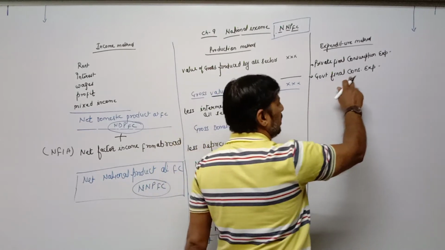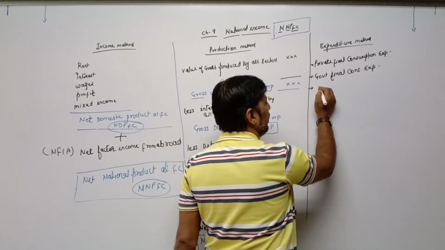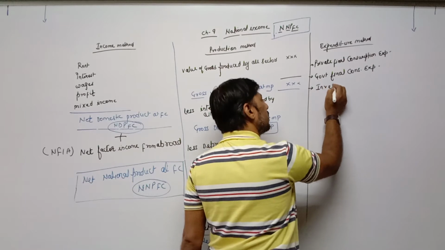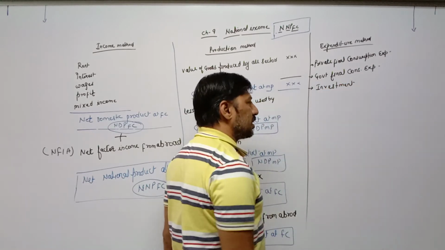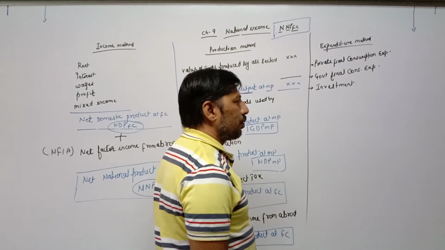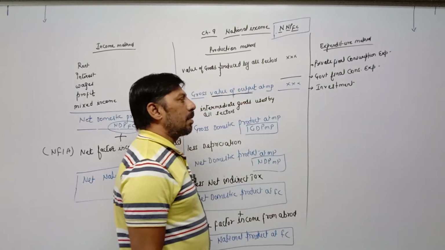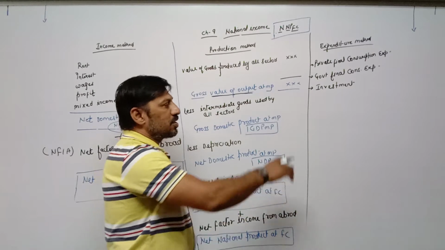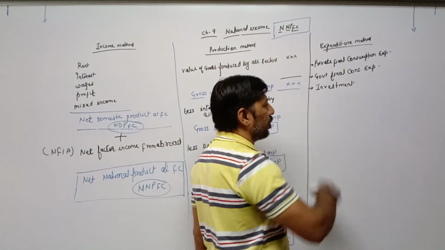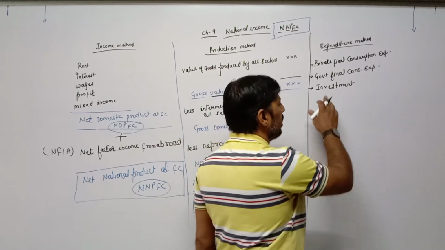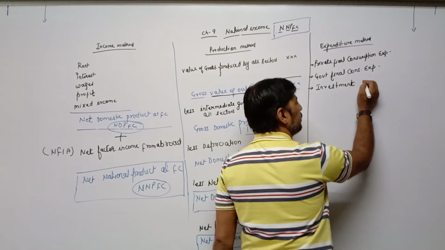Third one is investment expenditure. Investment expenditure means the private sectors, the businessmen, the industrialists who are spending money on the establishment of industry, on purchasing raw material, on making payment of salary to their employees. Such type of expenditure is called investment expenditure.